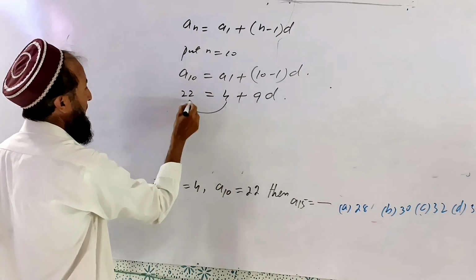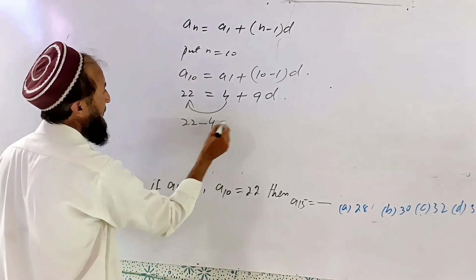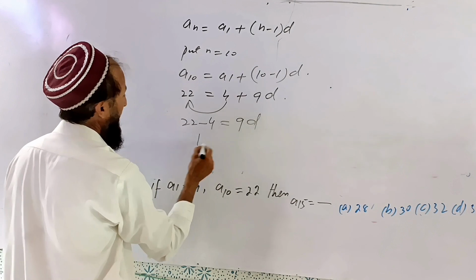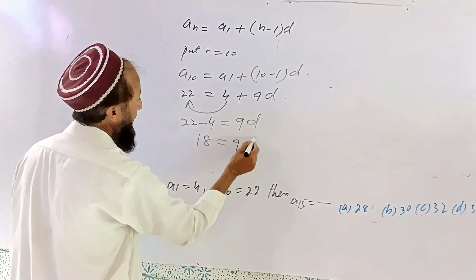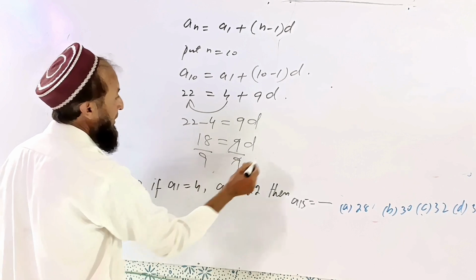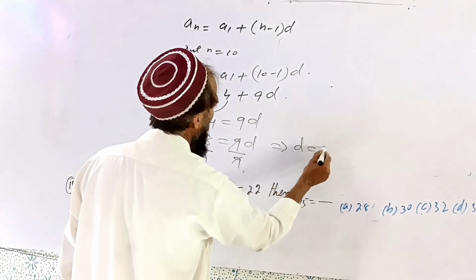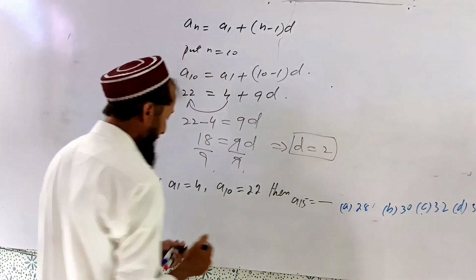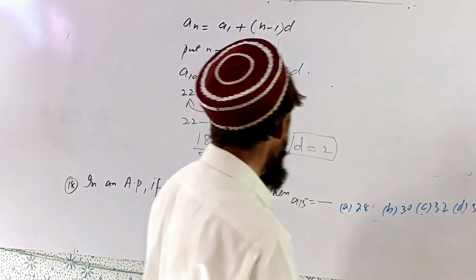So 22 minus 4 is equal to 9d, which is 18 equals 9d. Dividing both sides by 9, we get d equal to 2. 2 is the common difference between these terms.